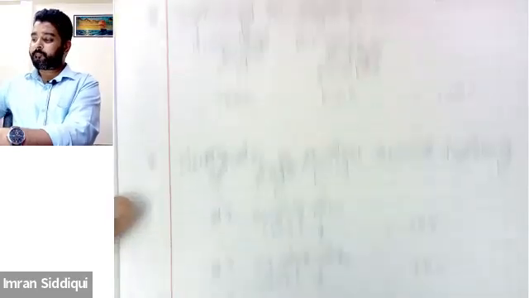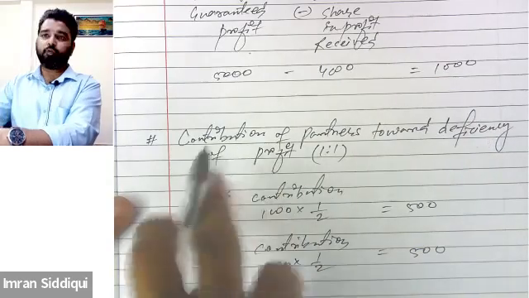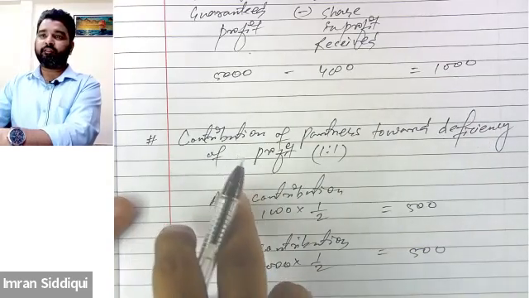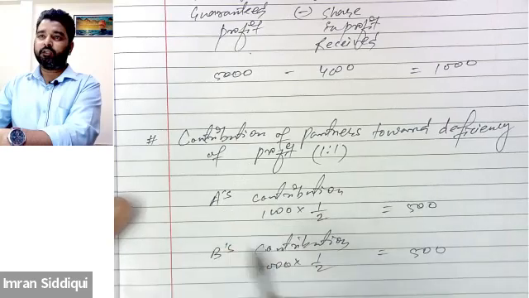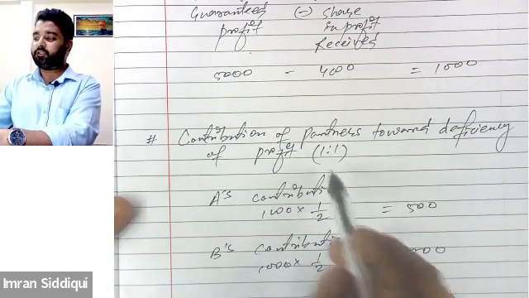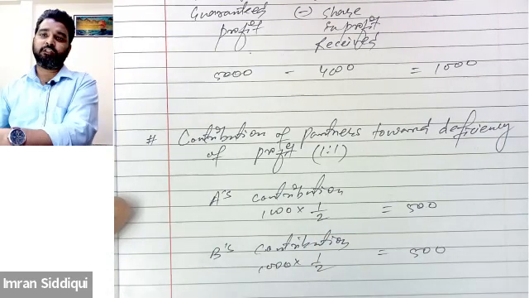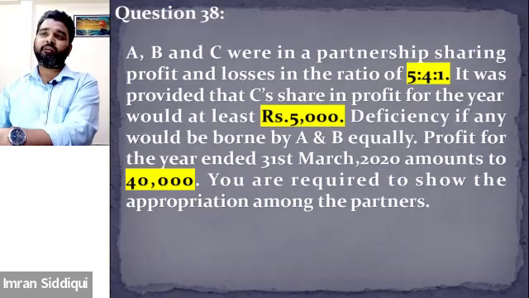Now this deficiency of 1,000 needs to be contributed or borne by the partners who have given the guarantee. So this deficiency will be borne by A and B in the ratio of 1:1, since it is mentioned in the question that any deficiency will be borne by A and B equally, right?